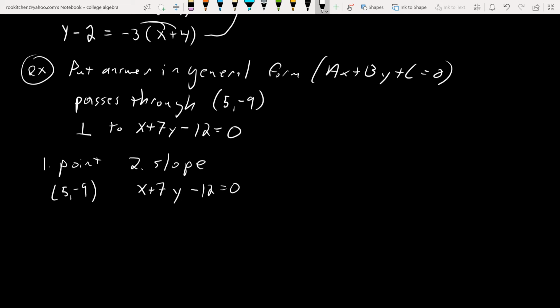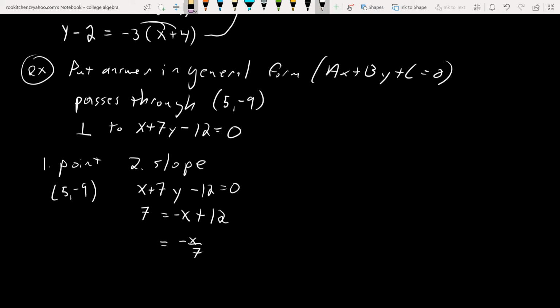Okay, so I'm going to move the x and the 12 to the right-hand side. Just subtracted the x and added the 12. Okay, and then I'll have to divide everything by 7. So I'll have y is negative x over 7. Whoops, that's a y, not an x. That would be a mistake.